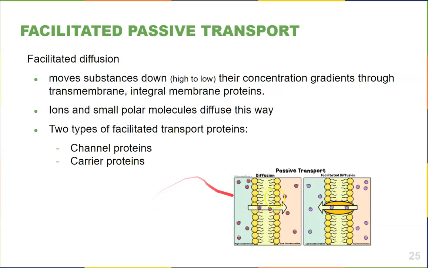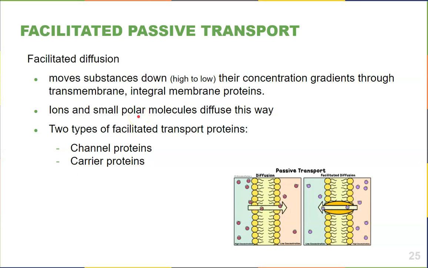Okay, so we looked at this GIF earlier, and you probably noticed this one over here, and there's something extra on this diagram. This one is titled Facilitated Diffusion, and it's facilitated by an integral protein. That integral protein provides a channel for the substance to move through. Typically things that need a channel are things that can't diffuse directly, right? They're things that are ions, meaning they have a plus or minus charge, or they're polar and they can't get through that middle layer.